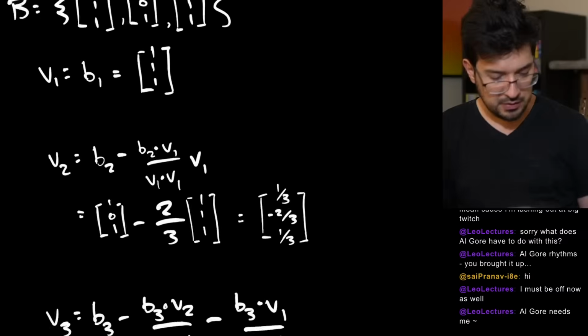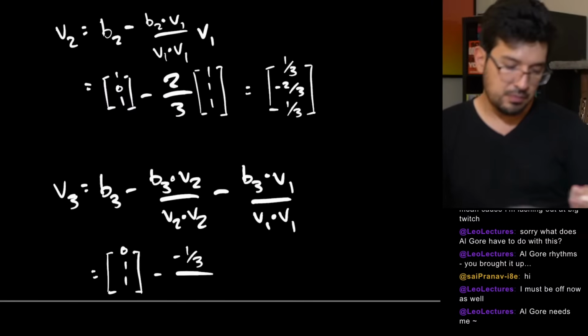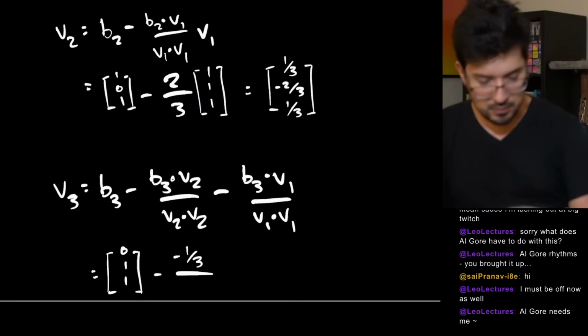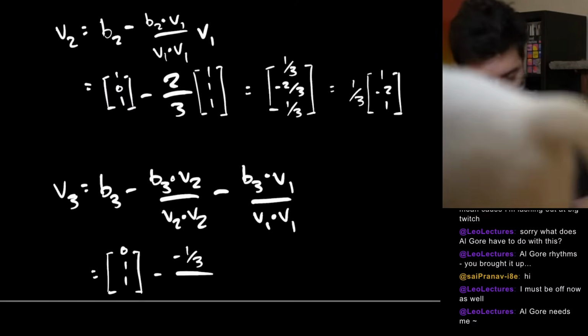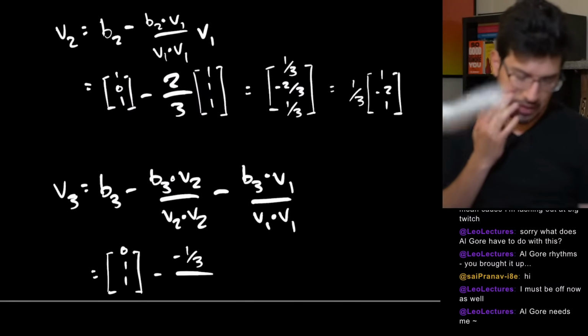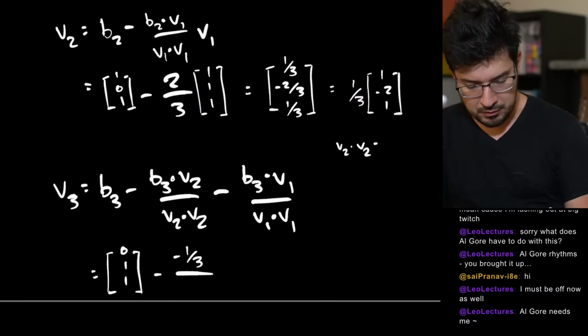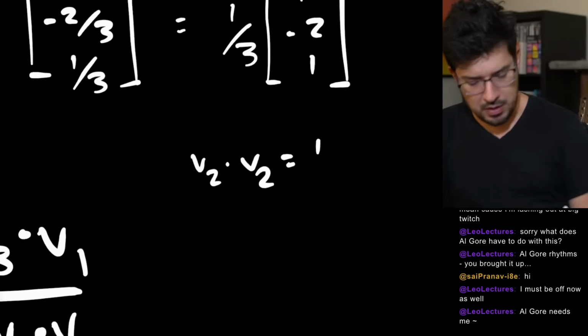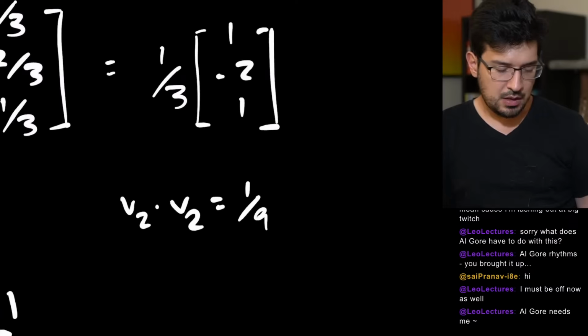Divided by V2 dot V2. V2 dot V2 will be 1/9 times 1 plus 4 plus 1.